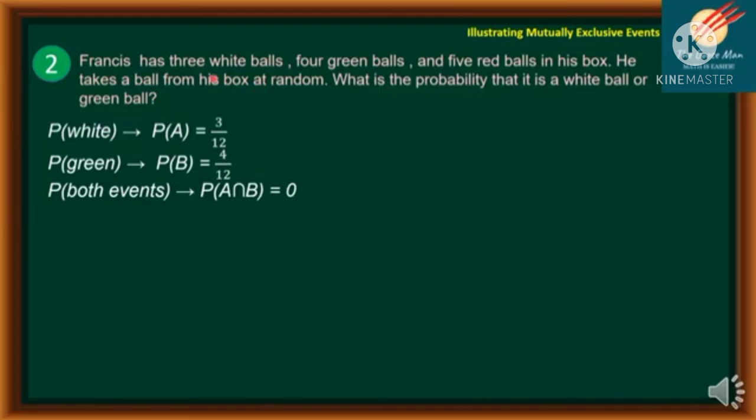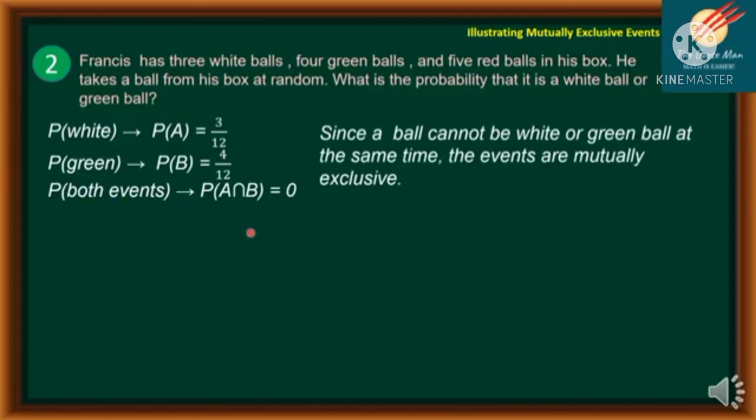The probability of green, P of B, is equal to 4 over 12. Take note that the probability of both events is equal to 0, since a ball cannot be a white and a green ball at the same time, so the events are mutually exclusive.